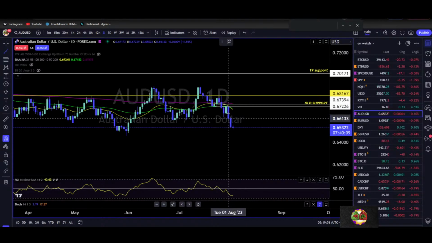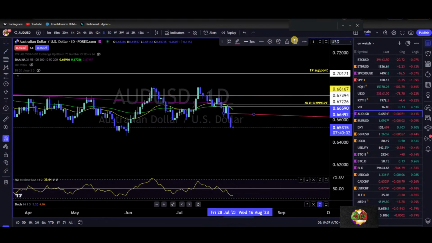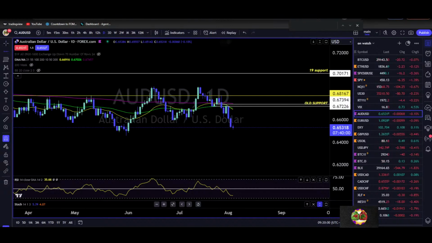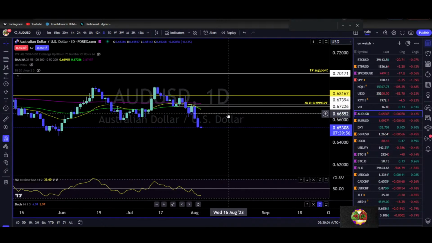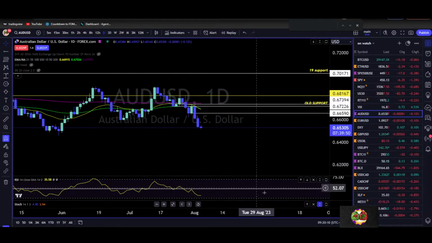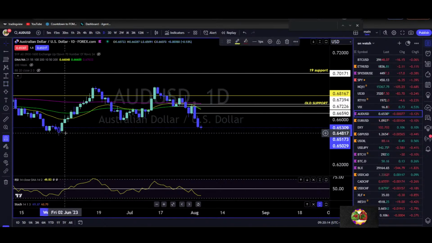I got the wrong line. I want the array, please. There is the array. So maybe a test of that. You could look for short entries, but you just can't short it where it is because of this beast right here.